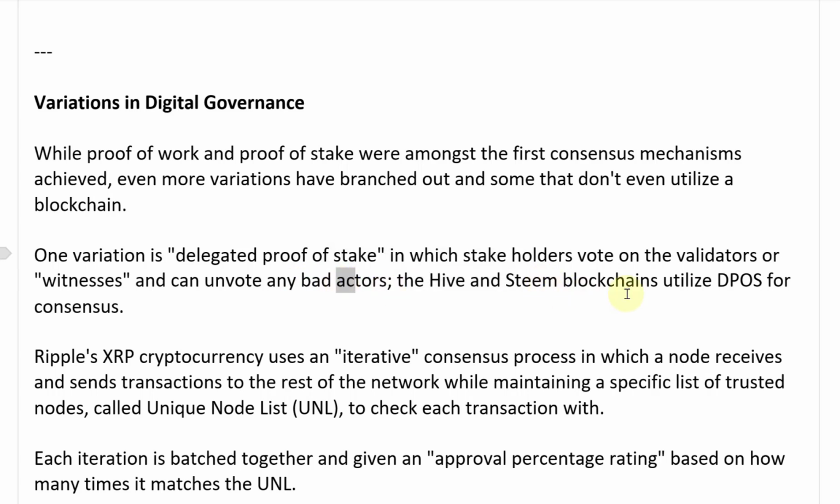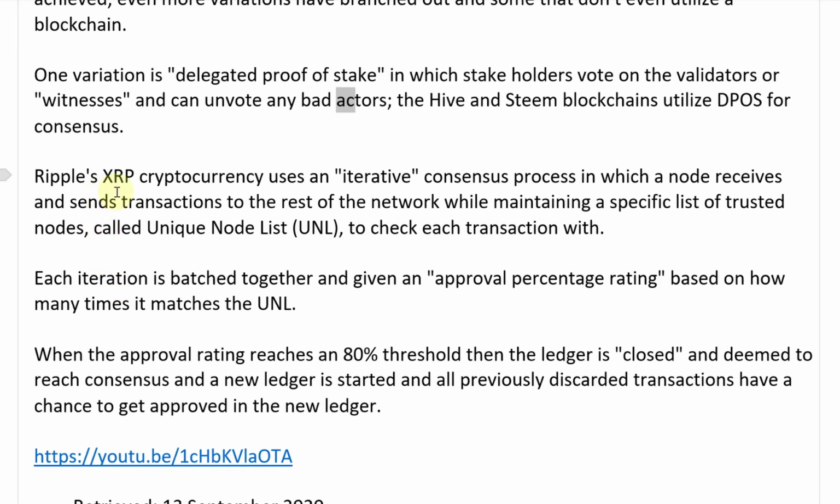And the Hive and Steem blockchains utilize this DPoS, or delegated proof of stake, for consensus. Ripple's XRP cryptocurrency uses an, quote, iterative consensus process in which a node receives and sends transactions to the rest of the network while maintaining a specific list of trusted nodes called the unique node list, or UNL, to check each transaction with.